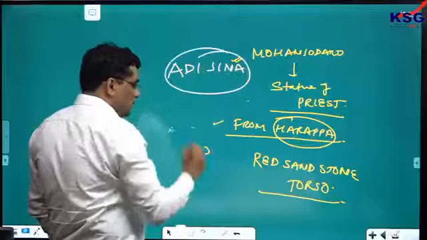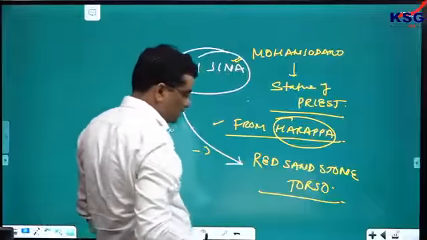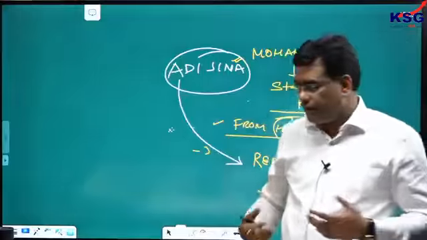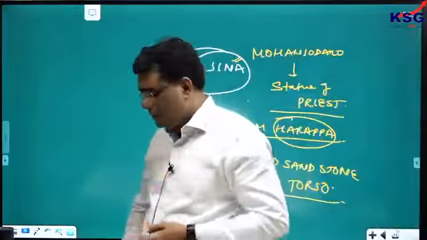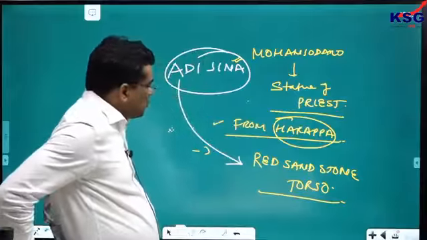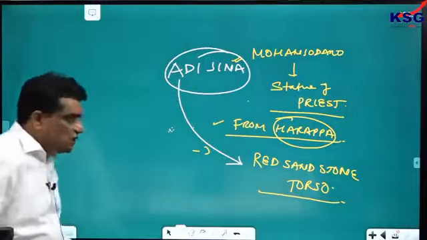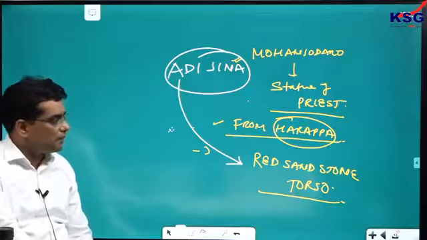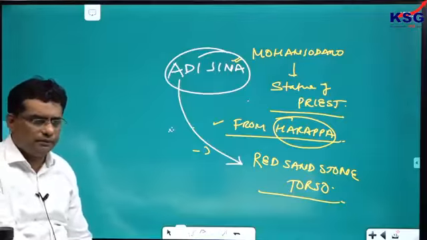This is a red sandstone torso. Like that we have the statue of Jina. Harappa and Mohenjo-daro are the cities where we have the maximum intensity of art and craft.